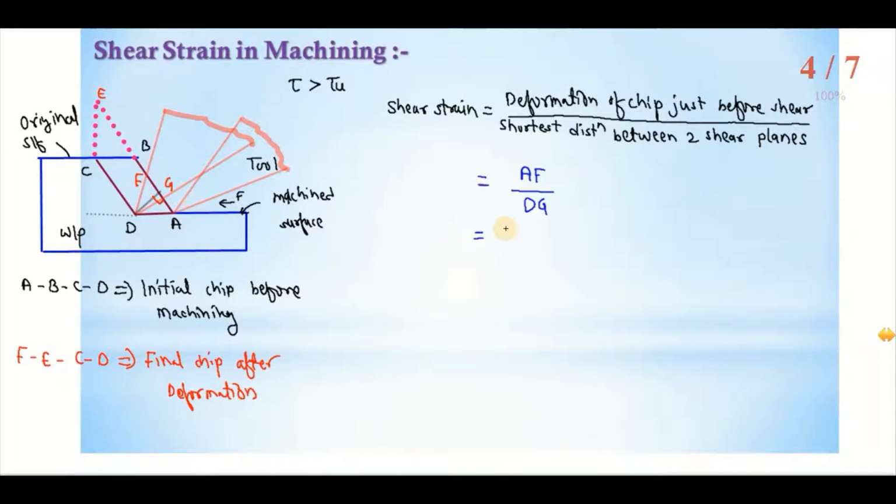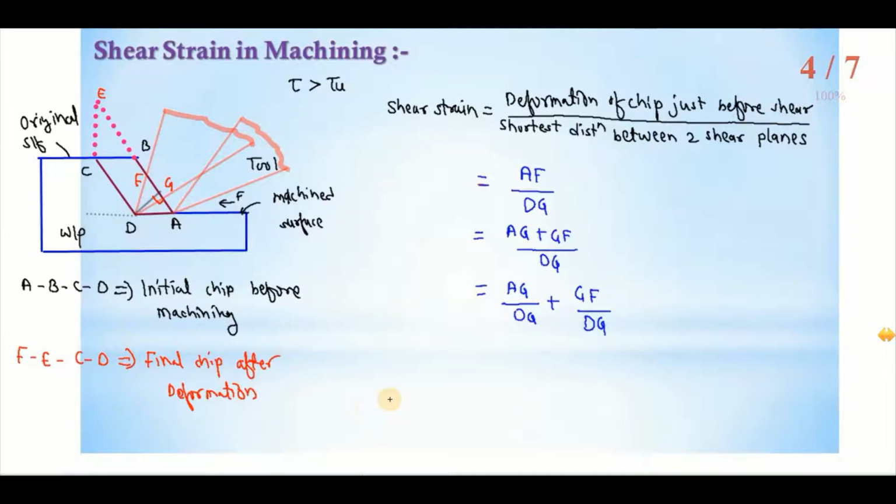So we can write AF as AG plus GF upon DG, so we can write here AG upon DG plus GF upon DG.